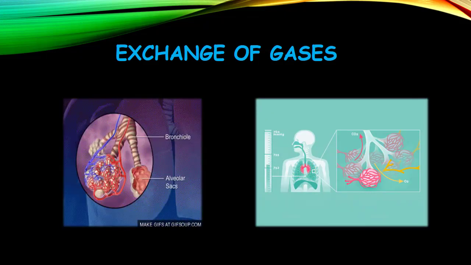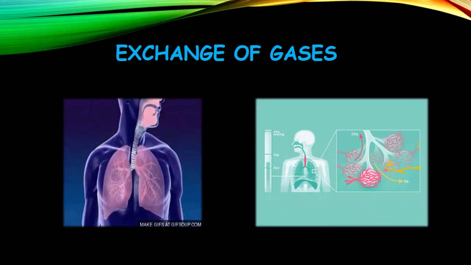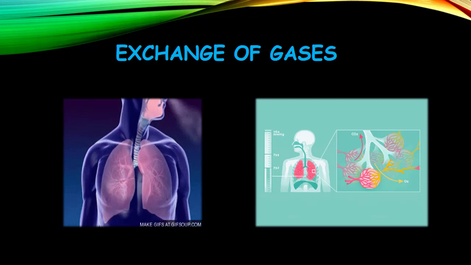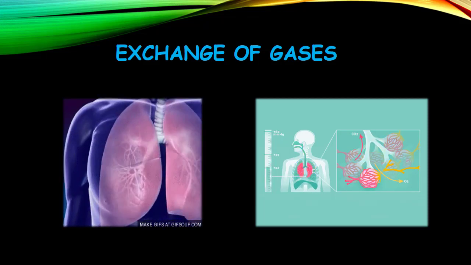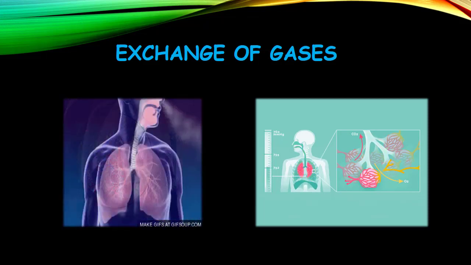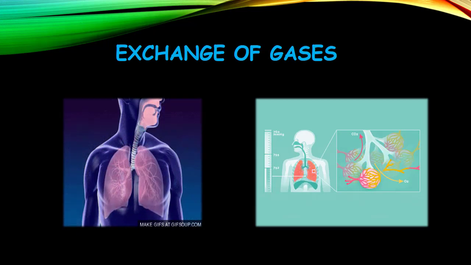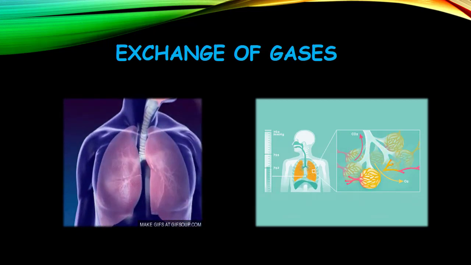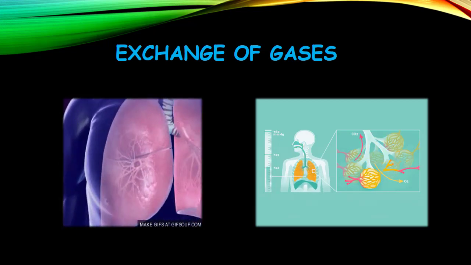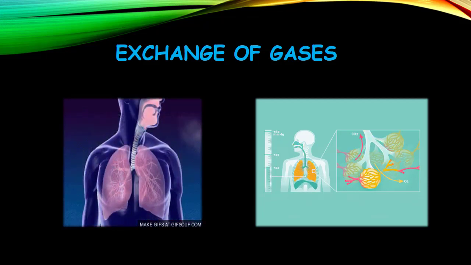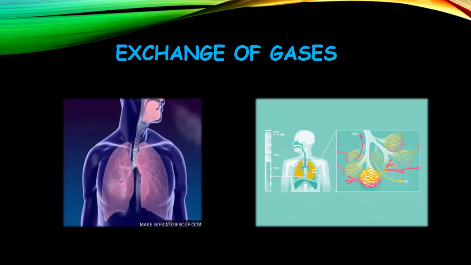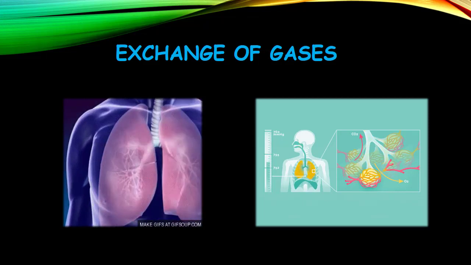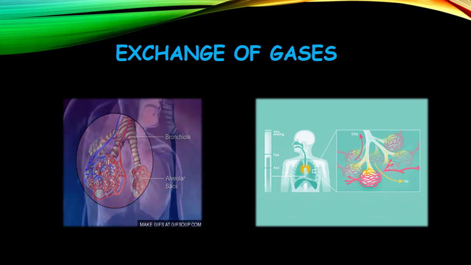Now, in this picture, you can see the yellow color is representing the oxygen and pink color the carbon dioxide. Now see, when man breathes in, yellow color oxygen is going down to the lungs from the air and pink color carbon dioxide is going out from the lungs to the air.